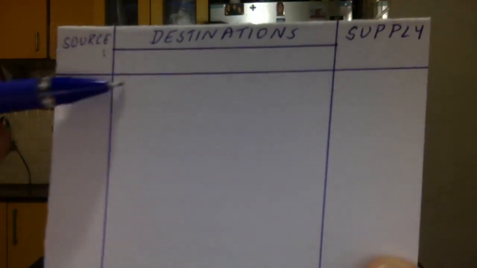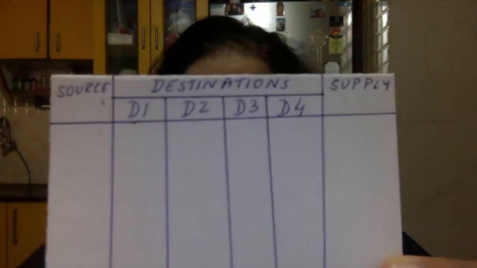Now in the destination columns, let us make 4 destinations, D1 to D4. So we have 4 destinations now.